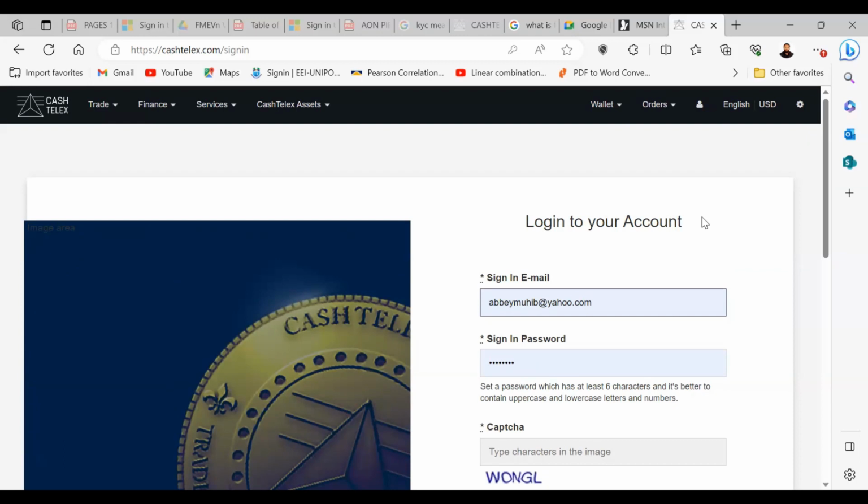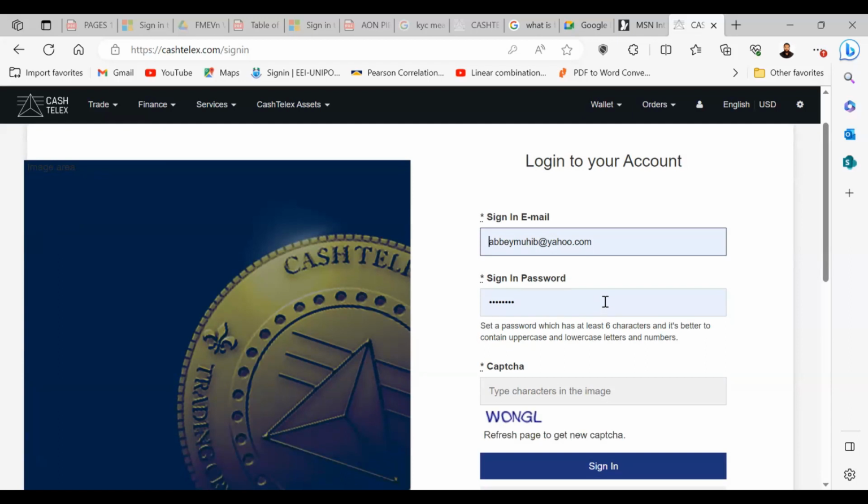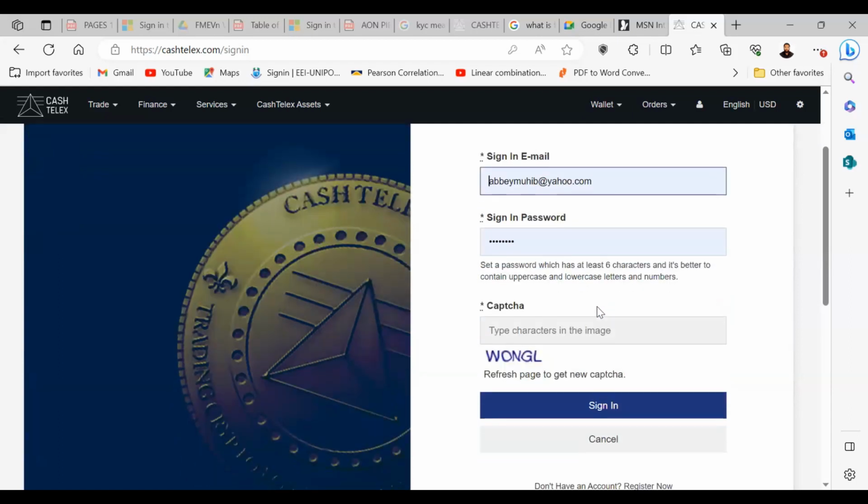My sign-in password is already there because I programmed my CashTelex exchange to automatically bring up my email and my password anytime I sign in. So it's displaying my email address and my programmed password. The next thing you see is the captcha.